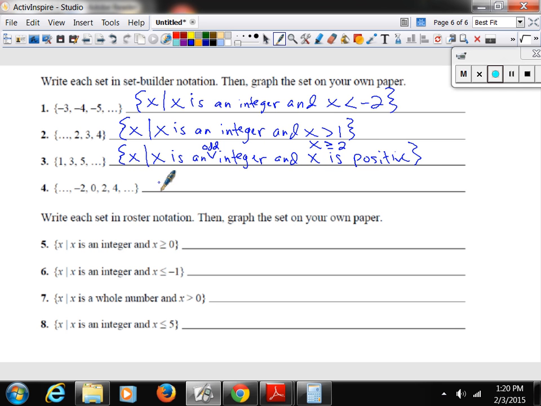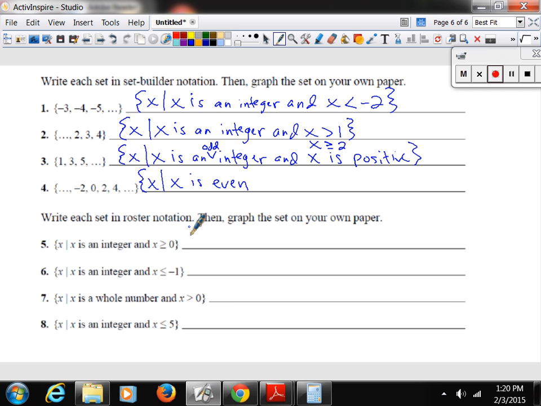Alright, here's one that says x such that x is, let's see, now x is even. Anything else we need to write?